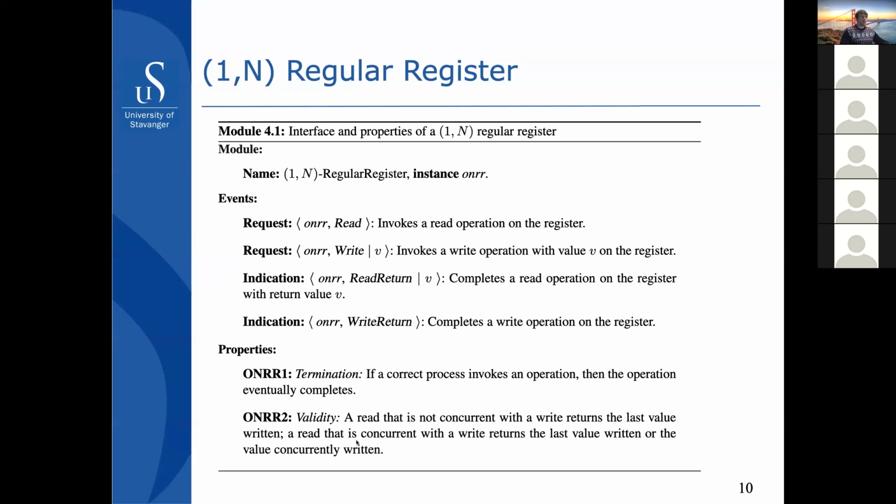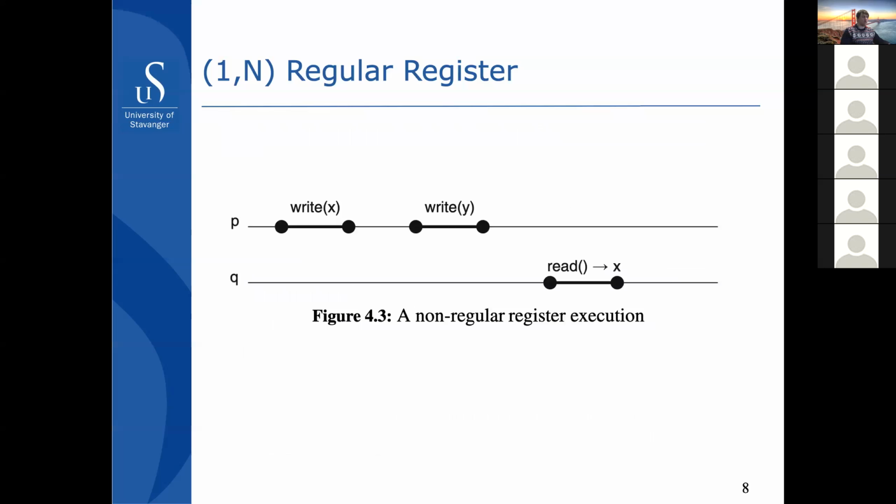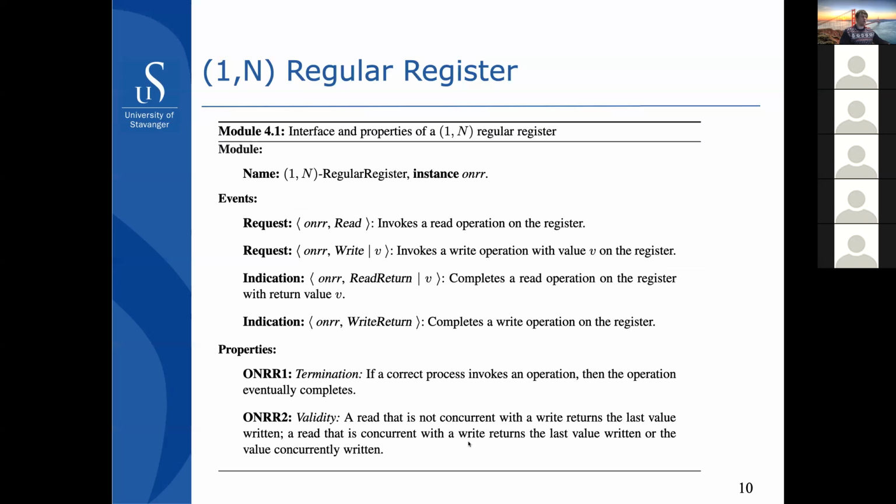A read that is concurrent with the write returns the last value written or the value currently written. So that's why it's adhering to the specification of the module. But since we have the or condition here, it could have also returned X, and it would still be okay.